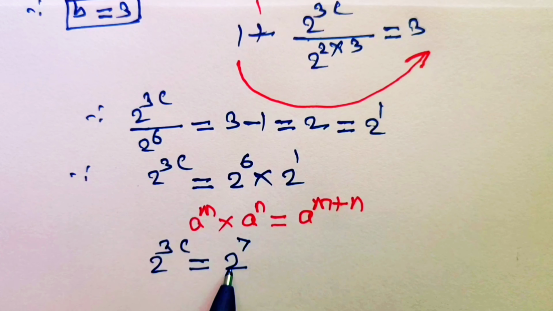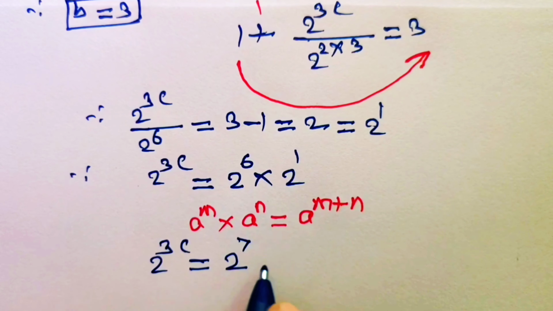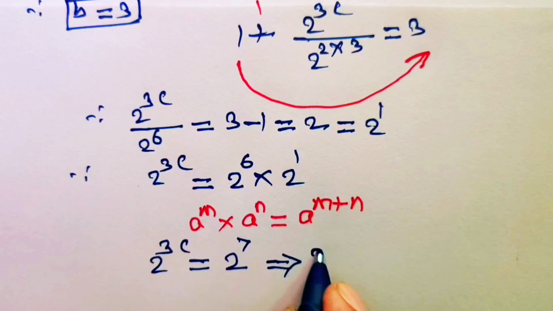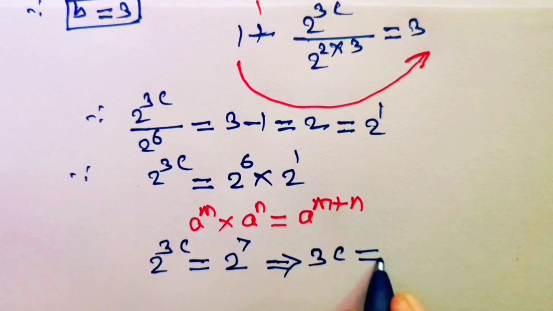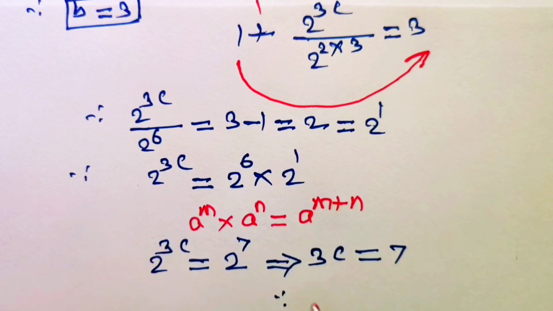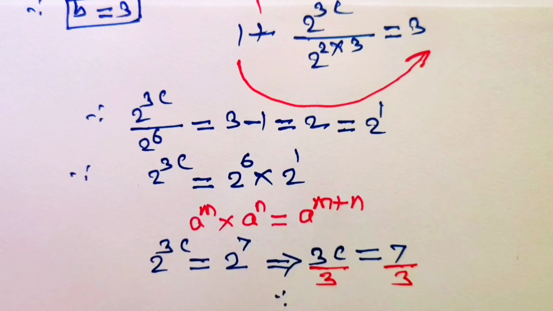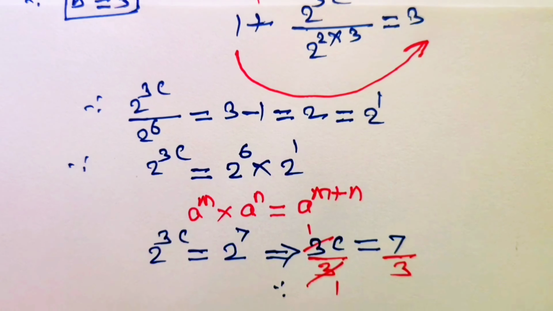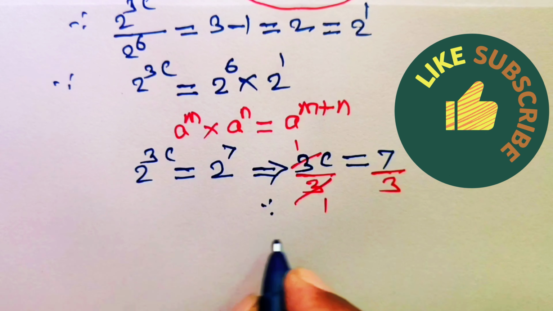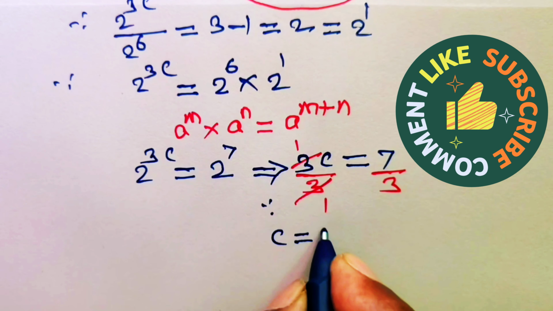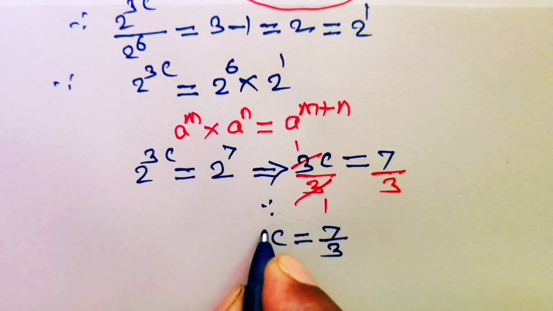Base is same and there is equal to sign, so powers must be equal. This implies 3c is equal to 7, and dividing both sides by 3, this 3 cancels with this 3, hence c is equal to 7 upon 3.